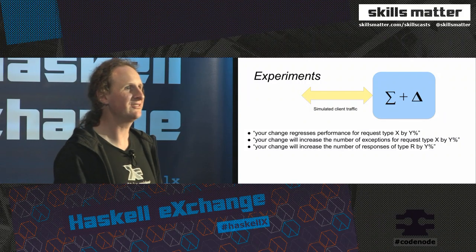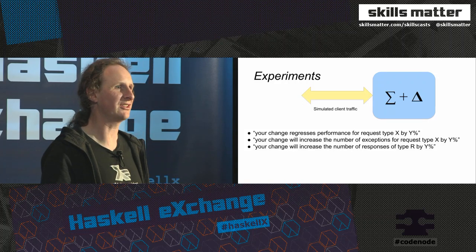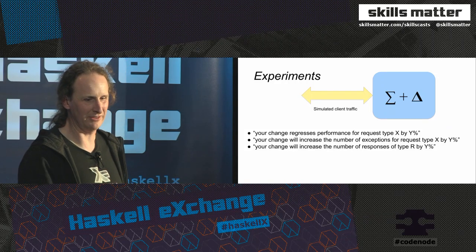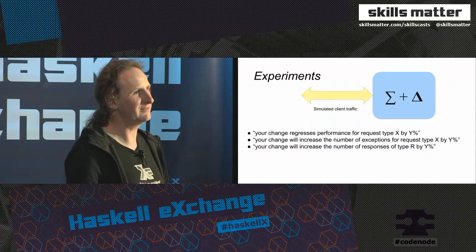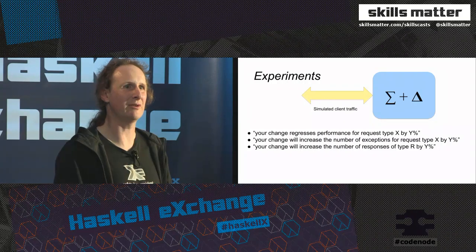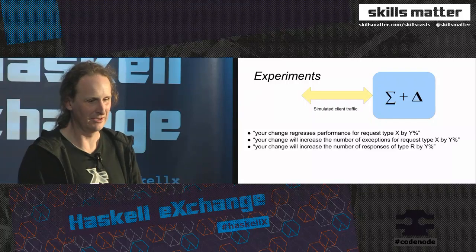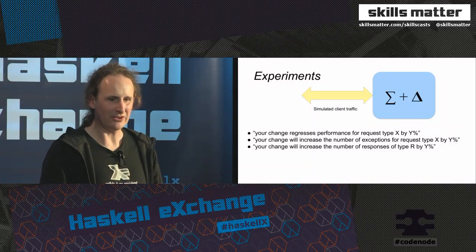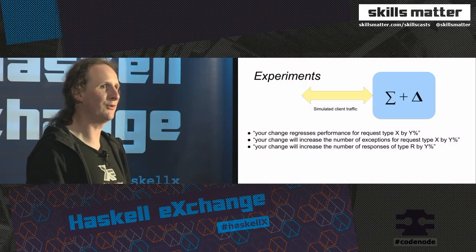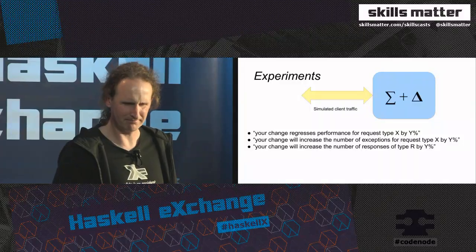Or maybe your change increases the number of exceptions, and it causes lots more failures to happen than were happening before. Or maybe it increases the number of responses, so it blocks a lot more stuff than was being blocked before, or it doesn't block as many things as were being blocked before. So all of these things catch lots of problems before they actually make it into production, which is great.